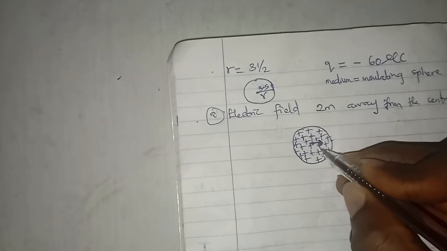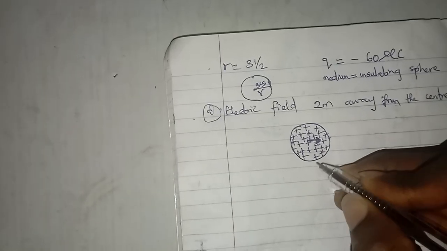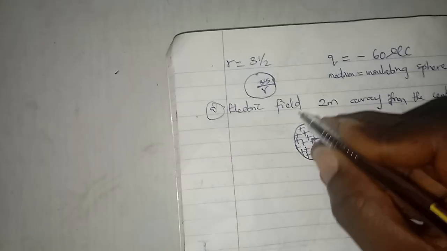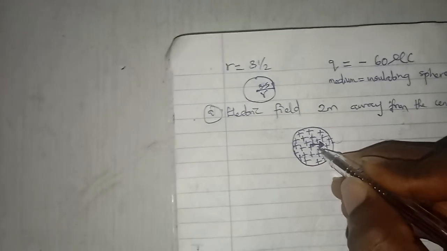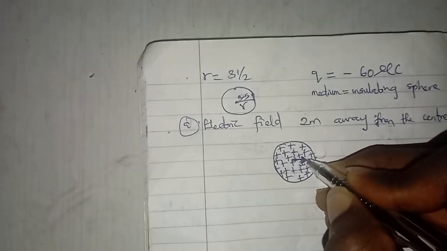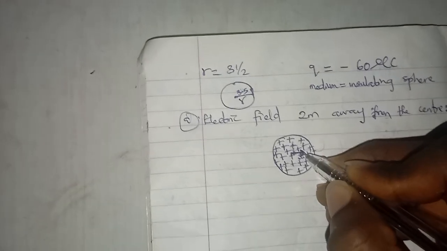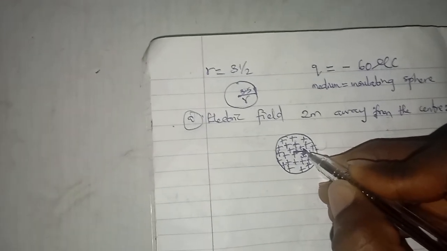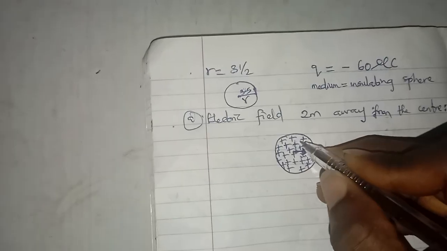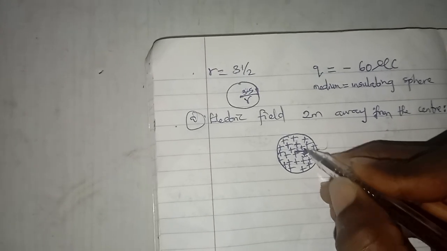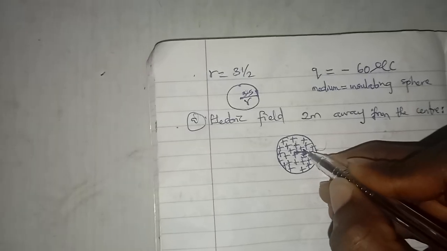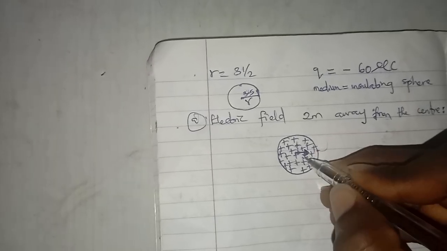Let's say from this end to this end is 2 meters away from the center, which cannot happen if it's a conductor. If it's a conductor, the charge can only be on the outside. So any point where you are looking for electric field, the collection of electric fields, which can be up, down, in different directions, is where we employ Gauss's theorem, which says that the electric flux through a surface is equal to the total charge enclosed in the system.